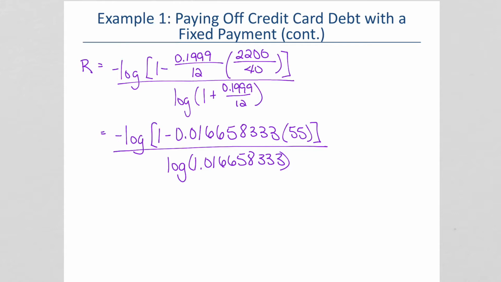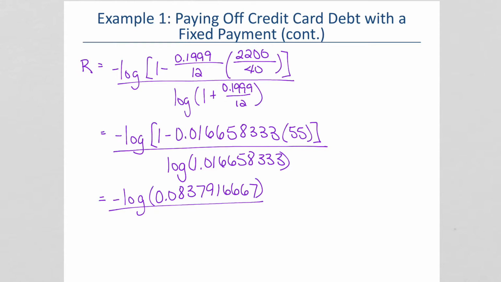Okay? So multiply our decimal there by 55 first and subtract that from 1, and we get 0.08379166667. And on the bottom, you can go ahead and put that in your calculator.